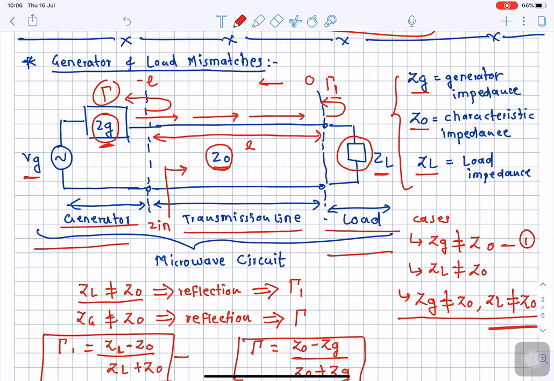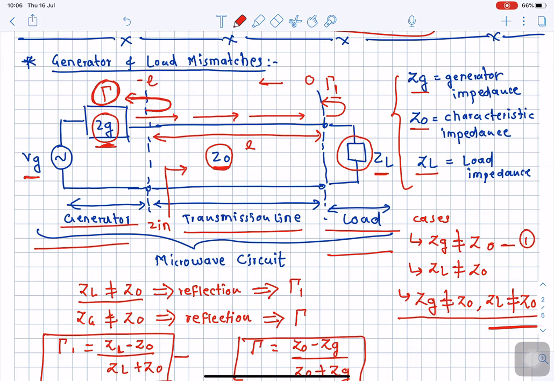So if Zg is not equal to the characteristic impedance of the transmission line, then there has to be a reflection on the generator side, and that reflection we denote by capital gamma.